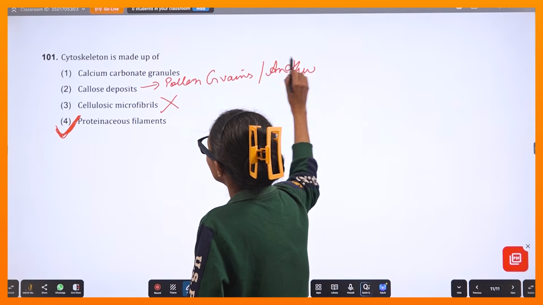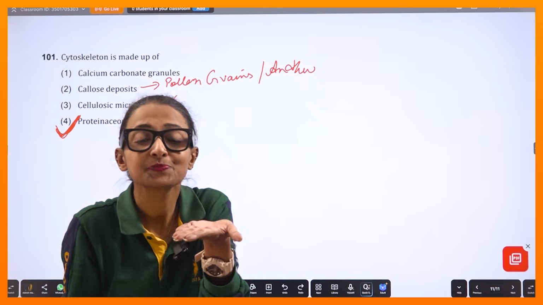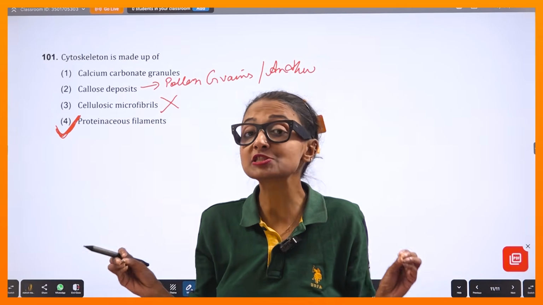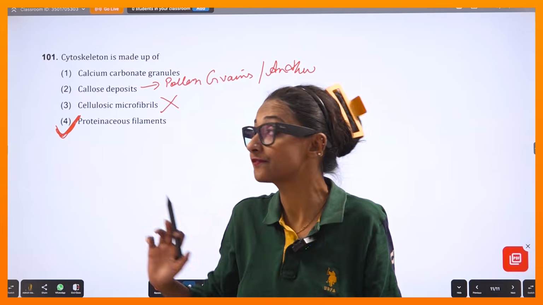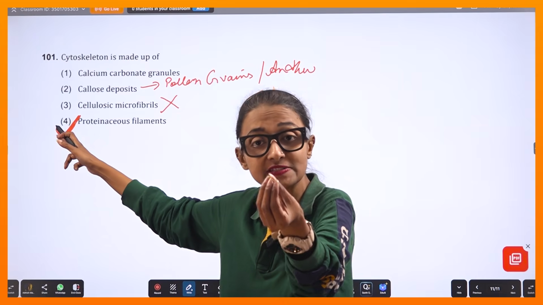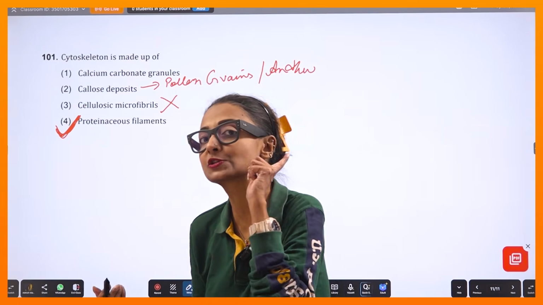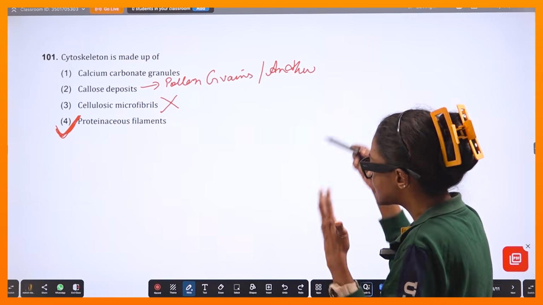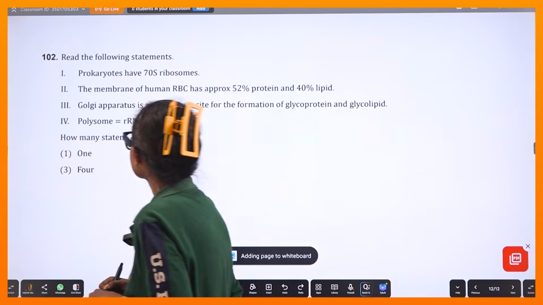There it is found, right? Calcium carbonate granules has nothing to do with cytoplasm. It will completely change the composition of the cytoplasm and will not keep it fluid enough because calcium carbonate granules are solid particles, right? So the fluidity of the cytoplasm is going to be affected by that. So that's done. Calcium carbonate granules, that won't be the answer. The fourth one. Let's move on.